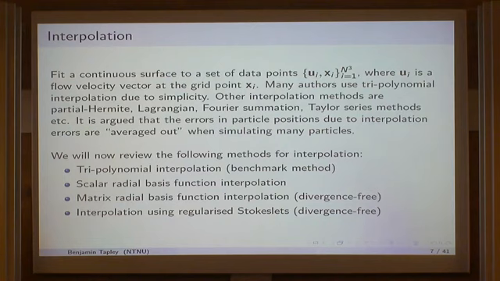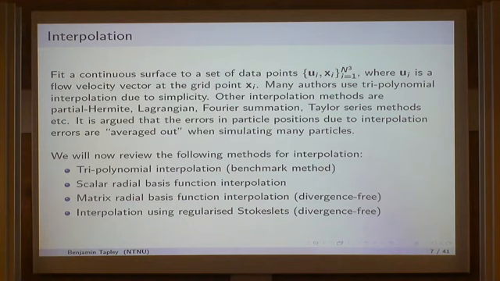For example, with Hermite interpolation, we need the derivatives of the fluid field at these grid nodes, and that's a problem in itself. How do you approximate these derivatives? That incurs extra computational costs. So with that in mind, and the fact that many people use polynomial interpolation, we're going to have this as a benchmark method.